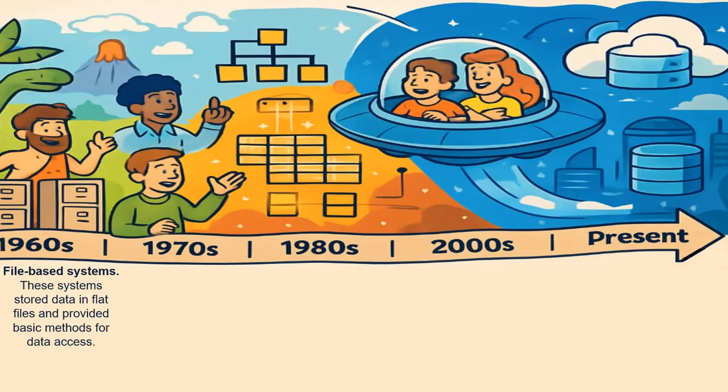Before we wrap up today's session, let's take a quick walk through the evolution of databases. Because to understand where we are going, it helps to see where we have been. In the beginning, everything was simple, maybe too simple. Data was stored in plain, flat files.